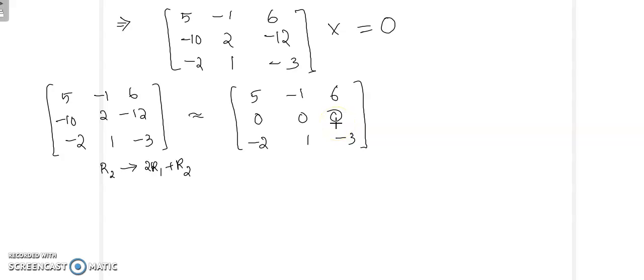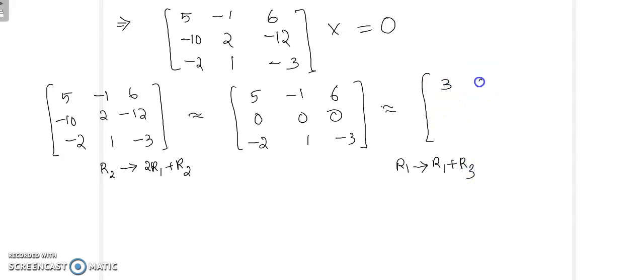And now using the first two equations, so you can simplify it again. So take the first equation, you can add the first equation. So you can take R1 goes to R1 plus R3.